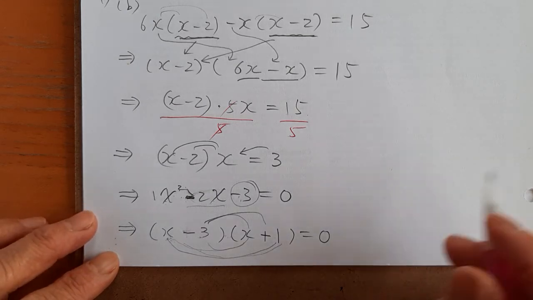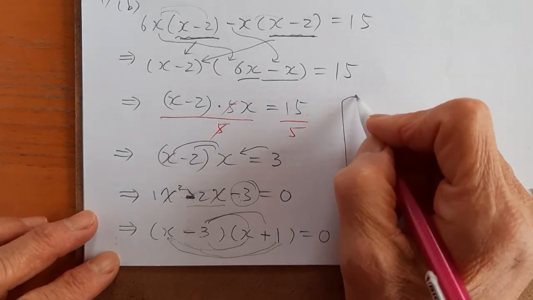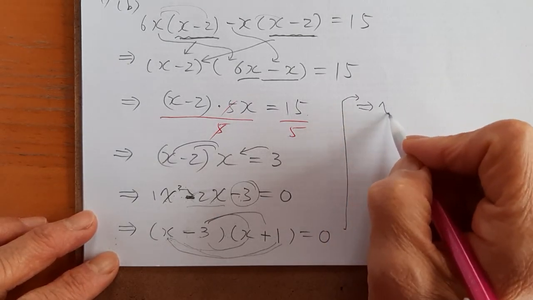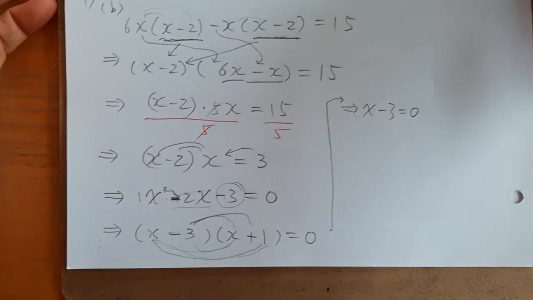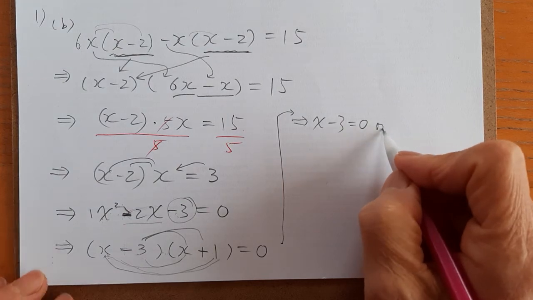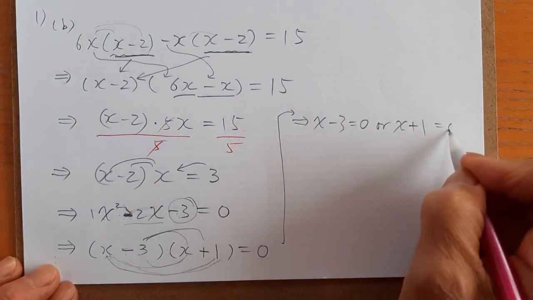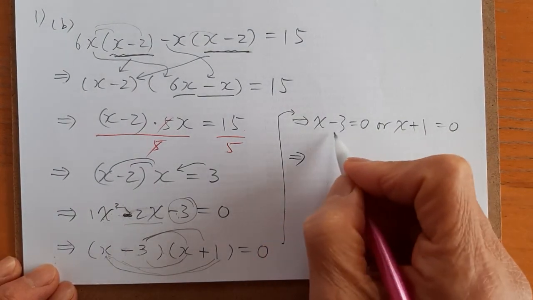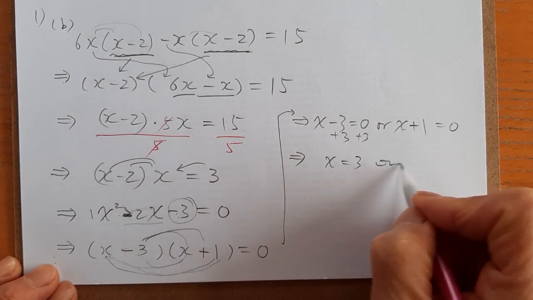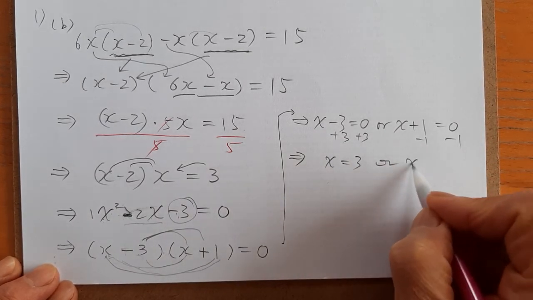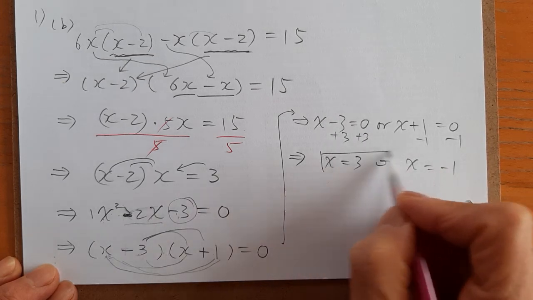And then use the zero factor property. So either the first factor x minus 3 equals 0, or the second factor x plus 1 equals 0. Then add 3 to both sides, so x equals 3, or minus 1 from both sides, so you get x equals negative 1.